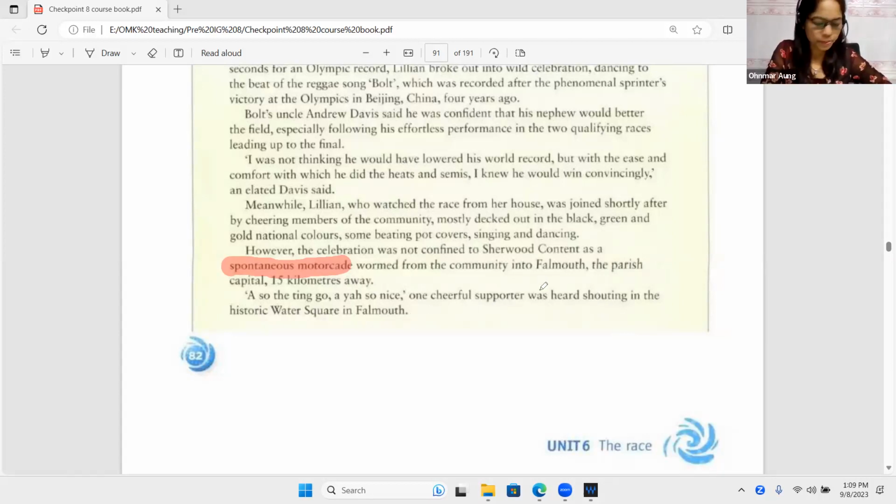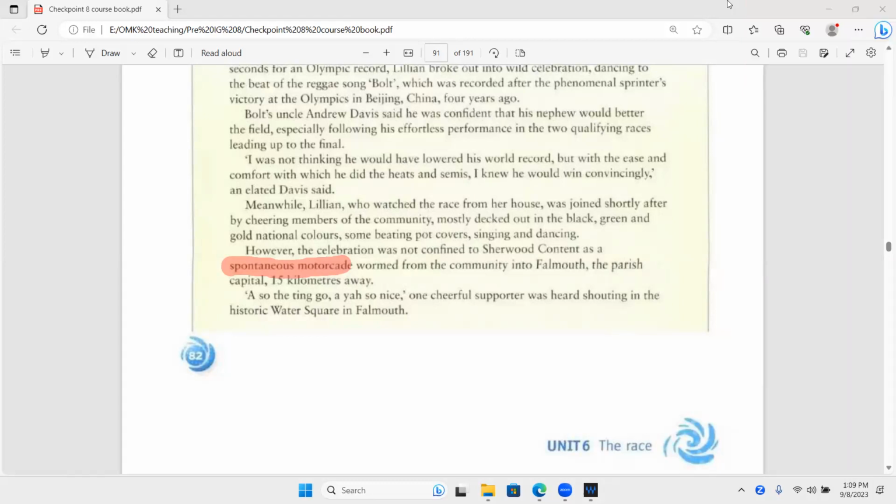Okay. So after that, one word is spontaneous motorcade. How do you understand spontaneous motorcade? First of all, motorcade. What is motorcade?